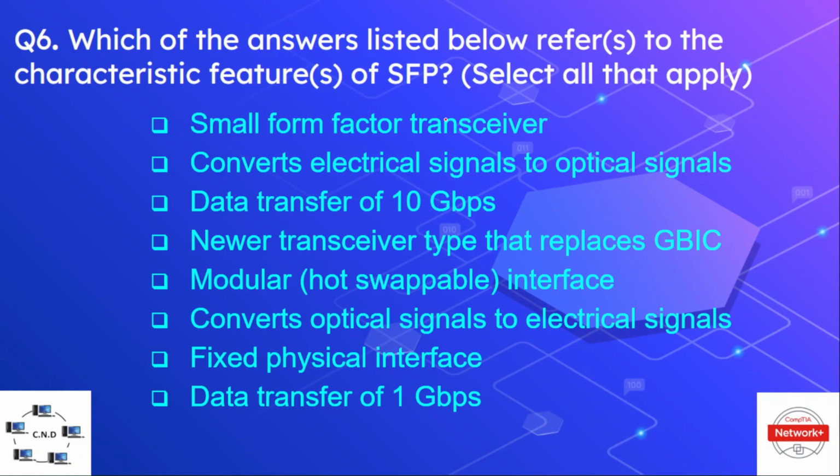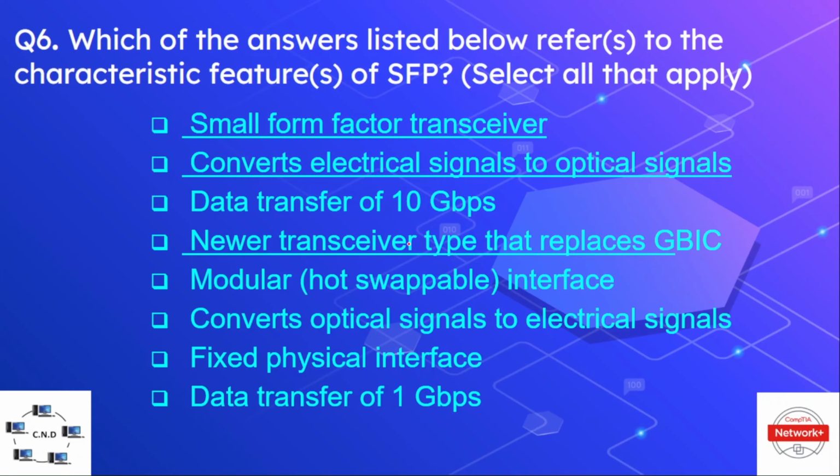And the correct options are, SFP basically stands for small form factor transceiver, and it basically converts electrical signals to optical signals. And the next correct option is that it is a newer transceiver type that replaces the older one, GBIC.